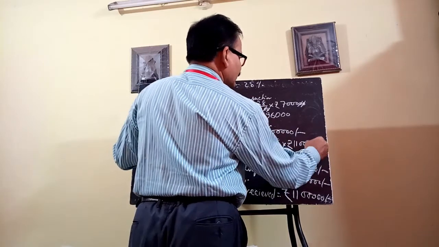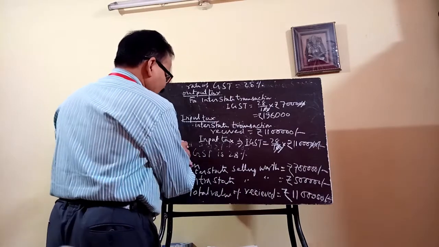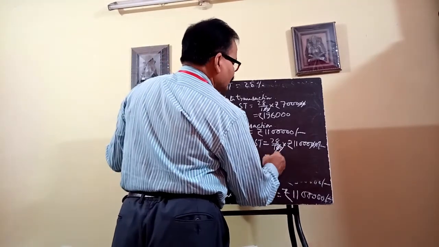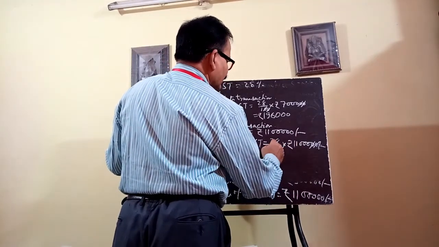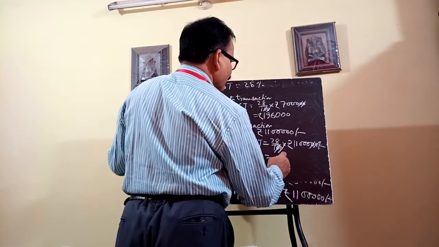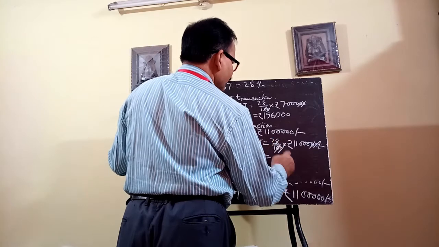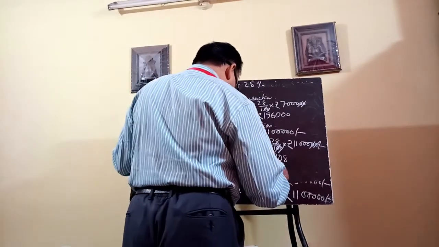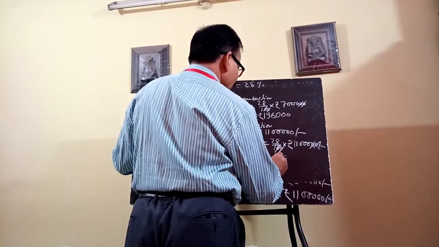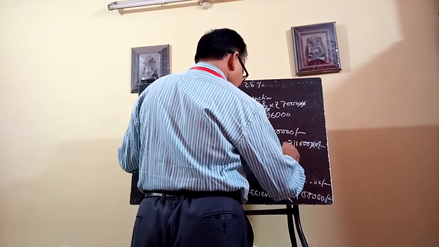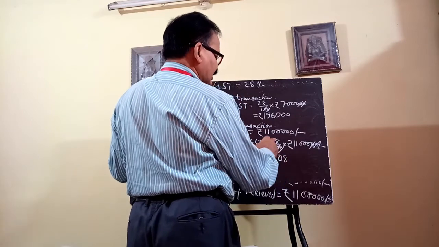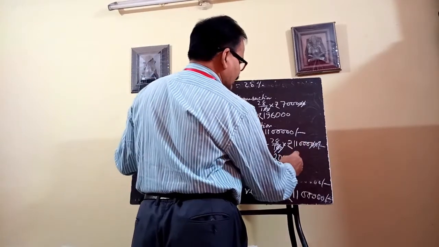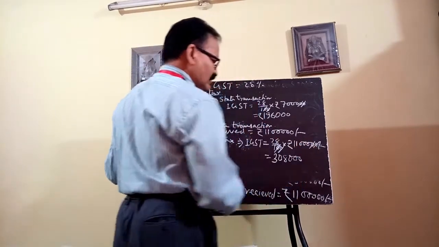Okay, again 0 cancel. Then when you multiply 11 into 28, 8 into 8, again 8 will be in hand, 11 twos are 22, then 30.